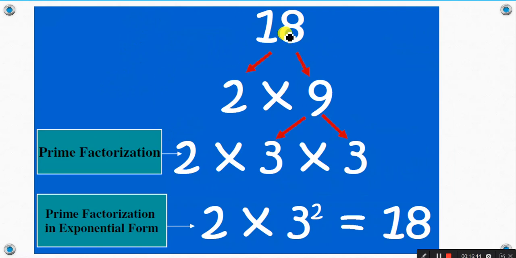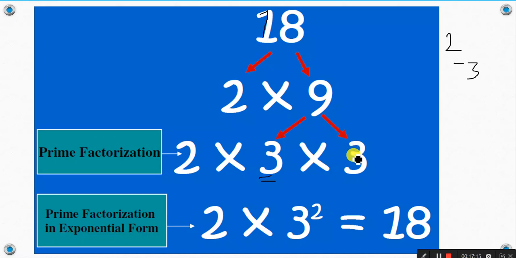Again, let us see the number 18. 18 is divided by 2, which is 9. Again, 9 is not divided by 2, but it is divided by 3. 3 is also a prime number. When we check by 2, it is not divisible by 2 without remainder. The next prime is 3, so we can check it. 9 divided by 3 is 3.